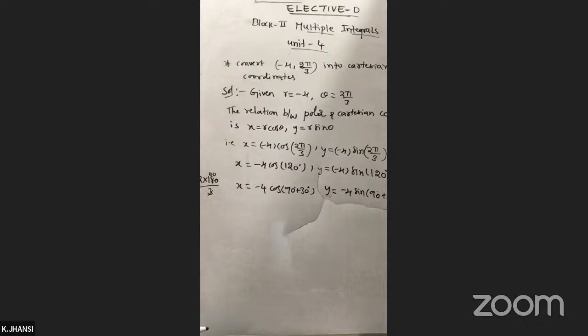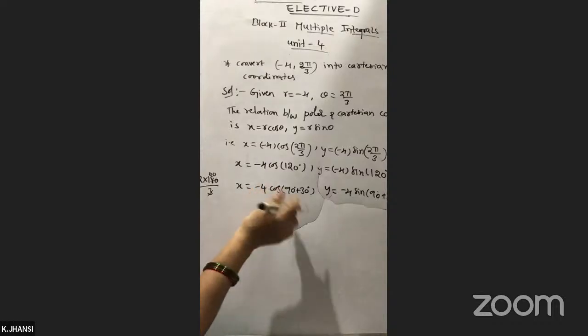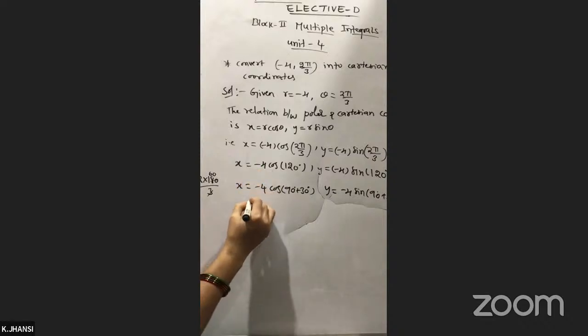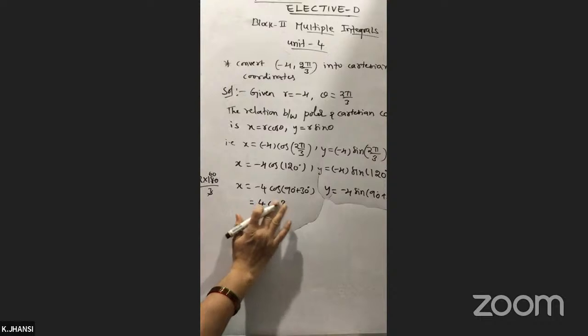So cos of 90 plus theta gives a minus value, cos will become sine, and minus of minus is plus. So 4 sine 30 degrees.